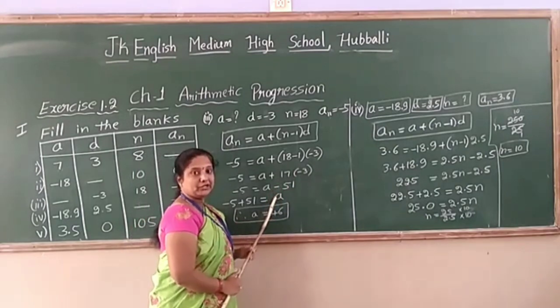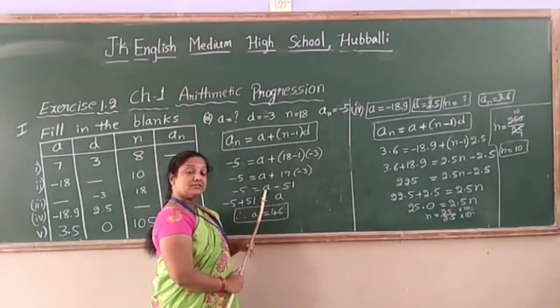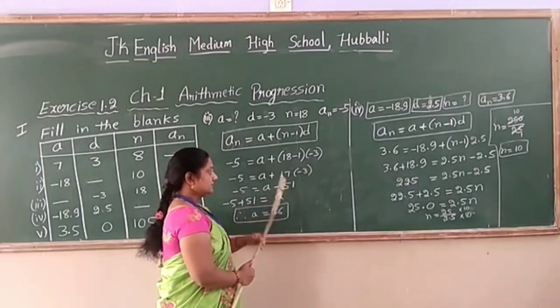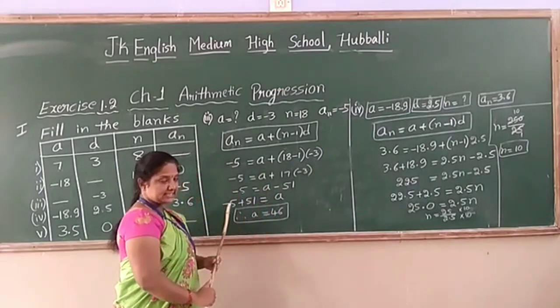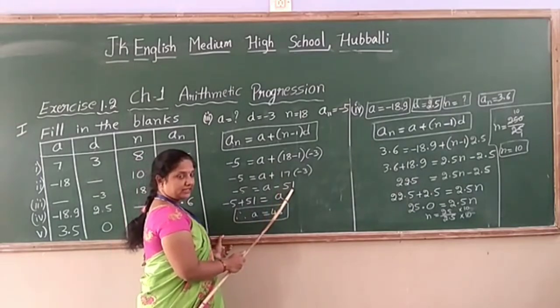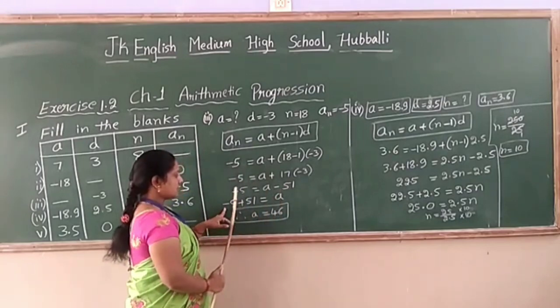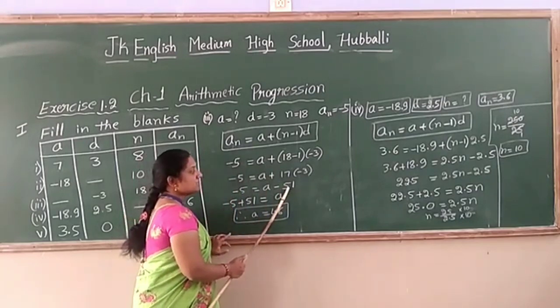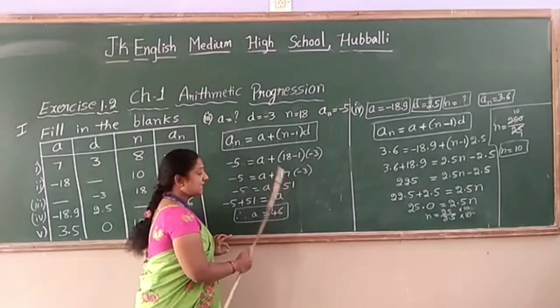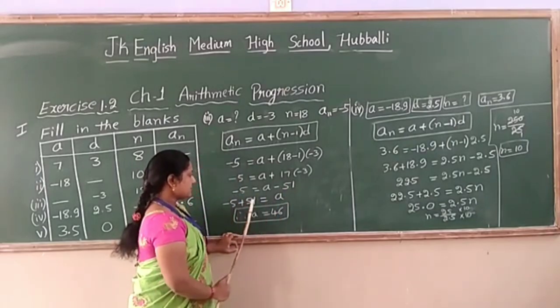Then here we have to find out a value. I'll keep the variable a to one side, and the remaining numbers I am going to take this side. Minus 51, if I take it from one side of the equal symbol to other side, sign changes. So this is as is minus 5. This minus 51, if it comes from this side to this side, it becomes plus 51. So therefore, you see, it will simplify.